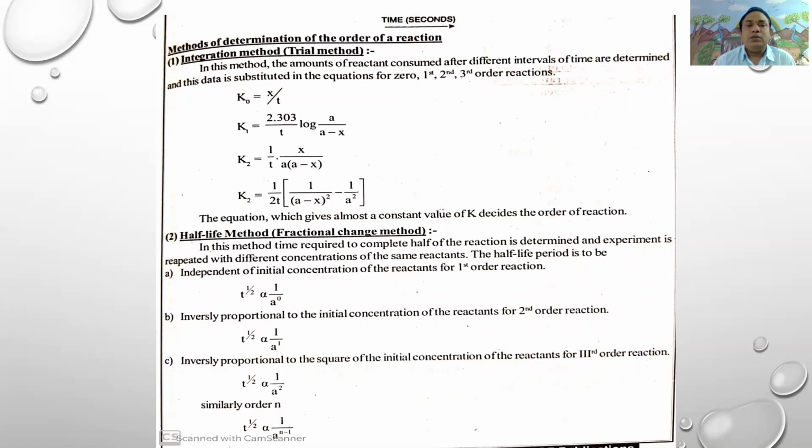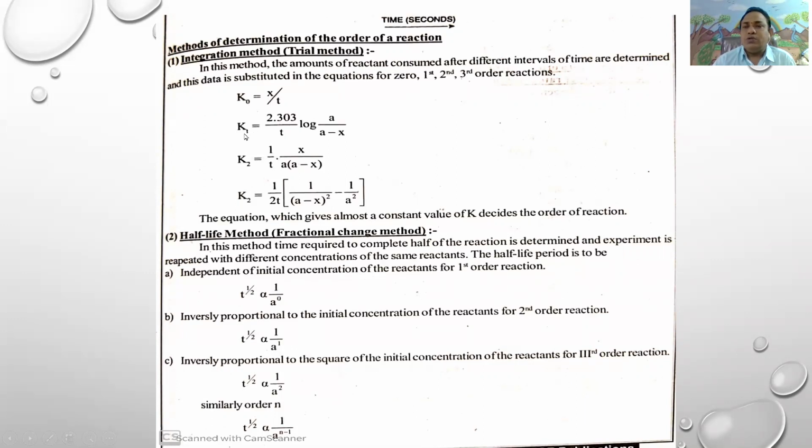In this method, the amount of reactant consumed after different time intervals is determined and this data is substituted in the different rate constant equations. For example, zero order rate constant K0 equals x by t.